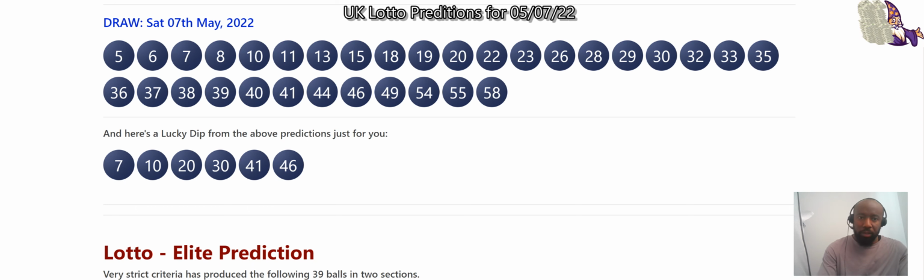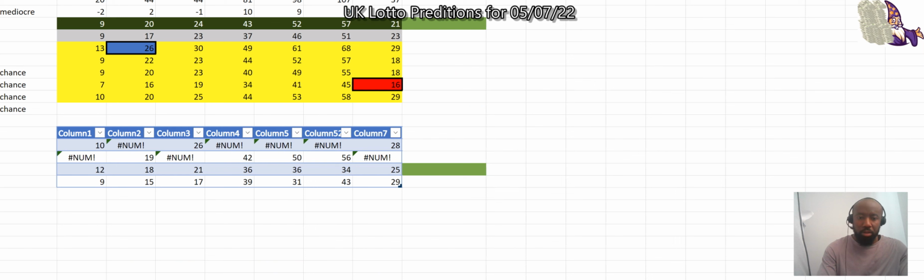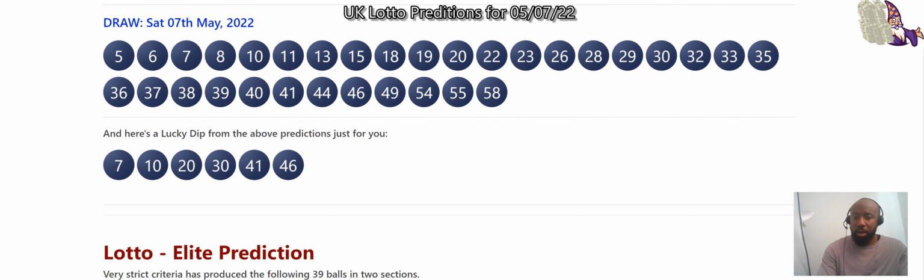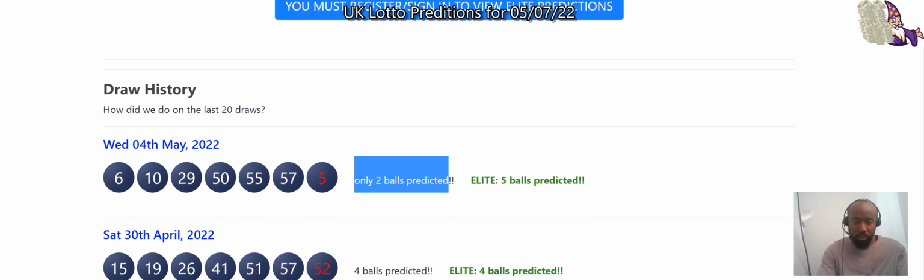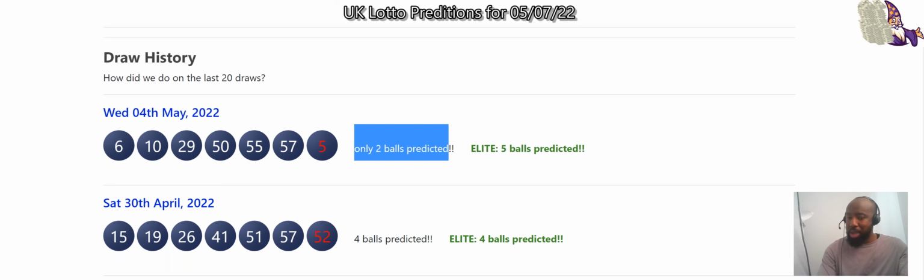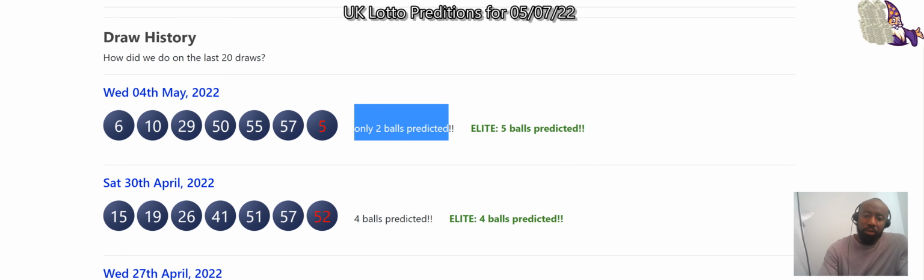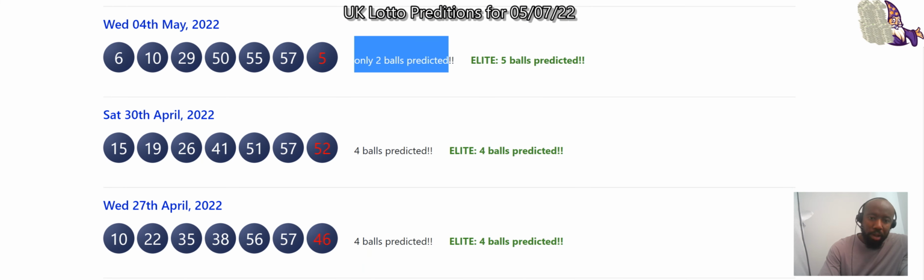So in cases like this, you can go with what you prefer. Half the time, what I will do as well is check when the last 29 came in. So 29 only came in the last draw. But there is a chance that it may come out or it may not come out. So this is probability we're talking about here.